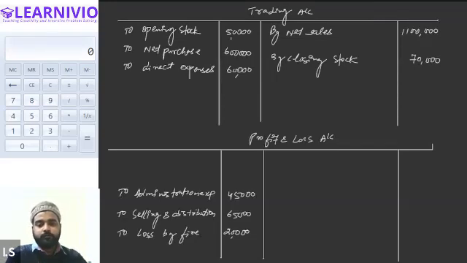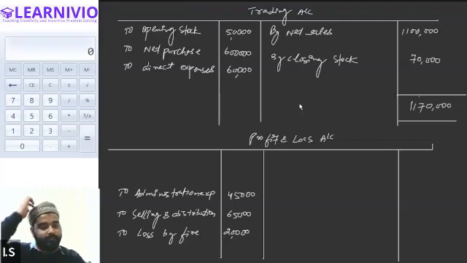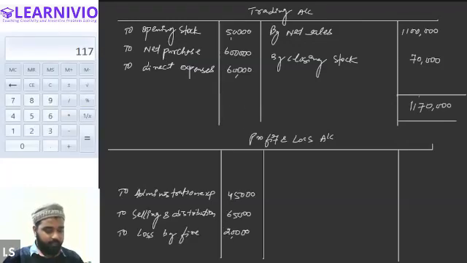This is it. Now we will first of all total the trading account. So the sum total of the credit side of the trading account is 11 lakh 70,000. Out of 11 lakh 70,000, we will be reducing 6 lakh plus 60,000 plus 50,000, that will be 7 lakh 60,000.